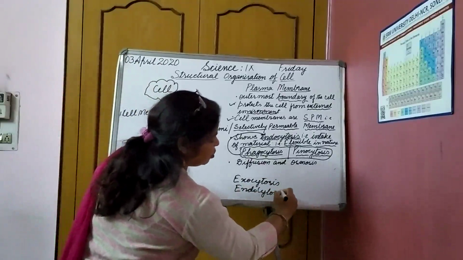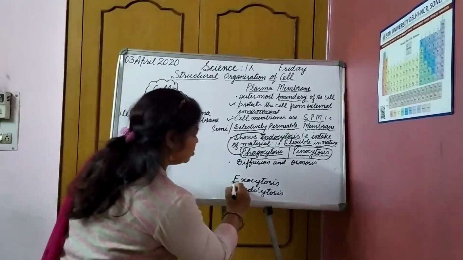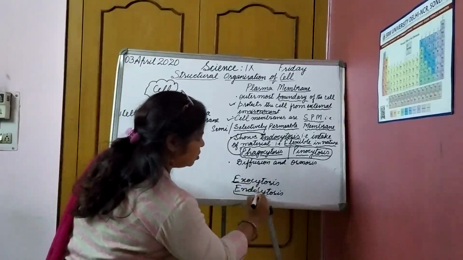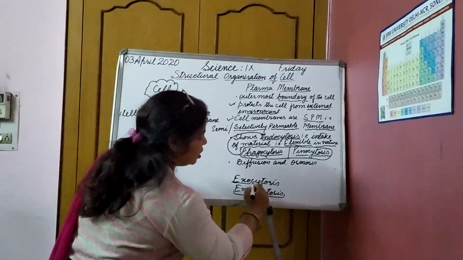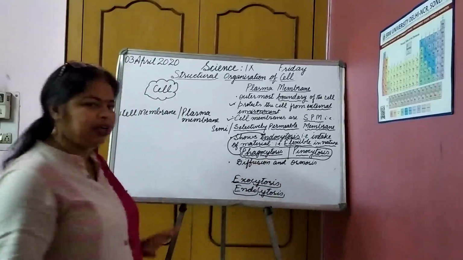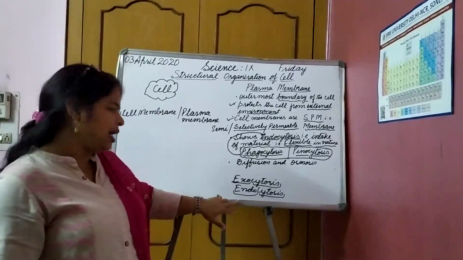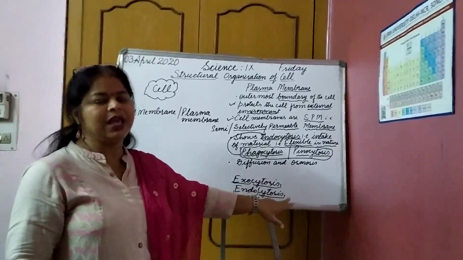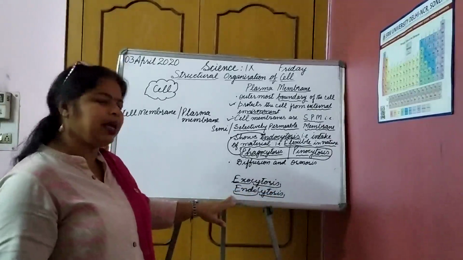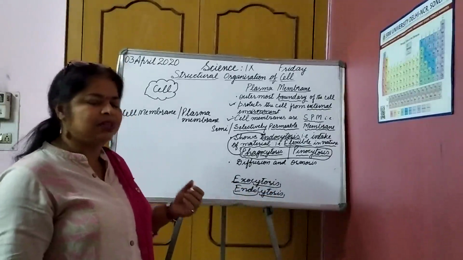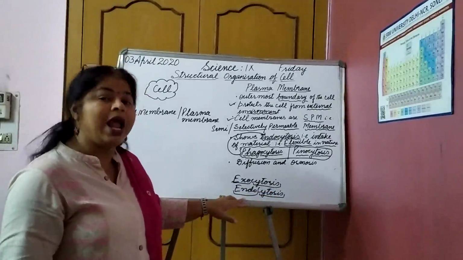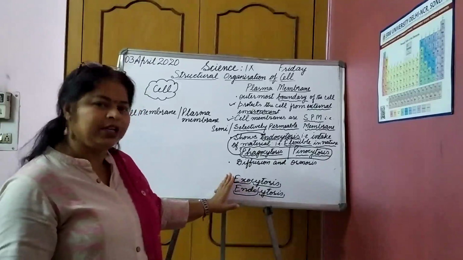The word is giving you a hint. Cytosis, you remember this word? Cytology, study of cell. If anything is exited out of the cell, then we say exocytosis. If something is taken in, whether solid or liquid, then we say endocytosis. I hope it will be clear to you.